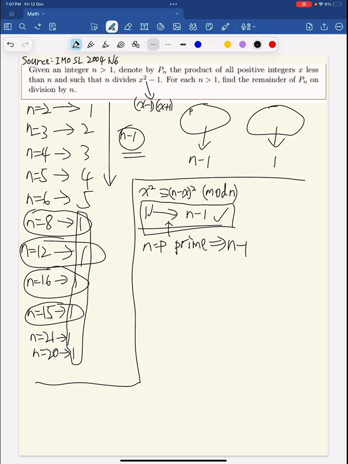Let's next try prime powers. It's pretty natural, isn't it? Using the same factorization, we're just looking at p to the k. So n equals p to the k.